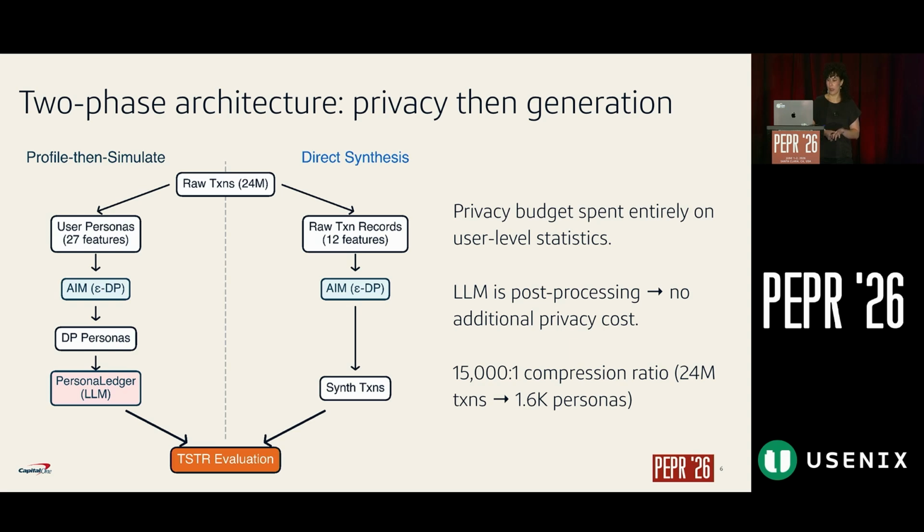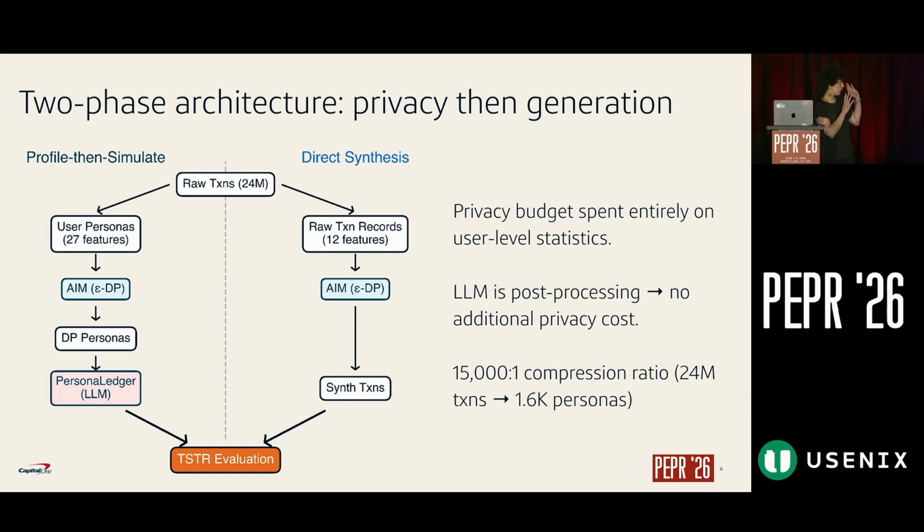But the LLM is never seeing real data. The LLM is only seeing these differentially private user personas that have been distilled from the transaction data. And then we compare them.